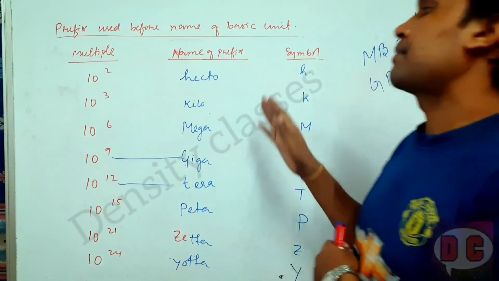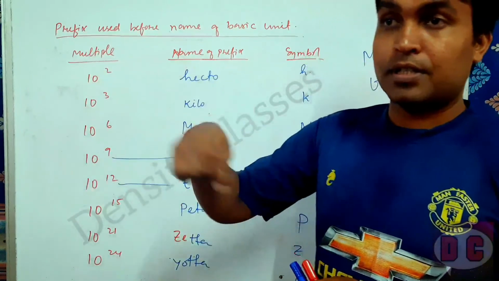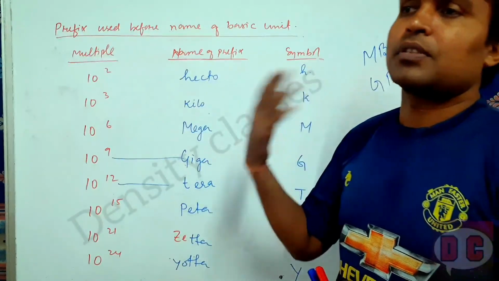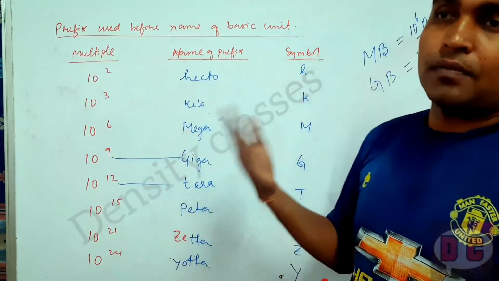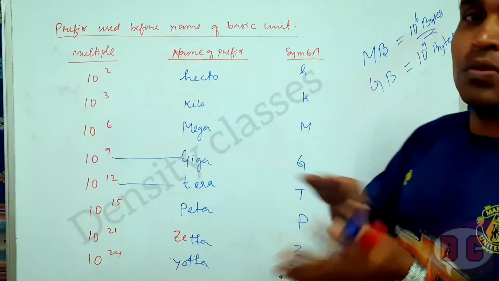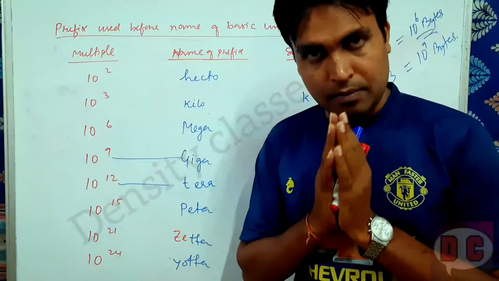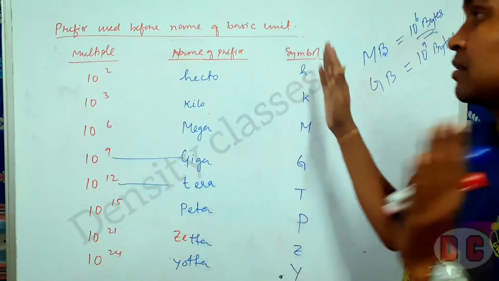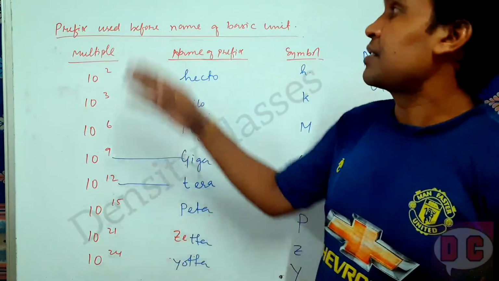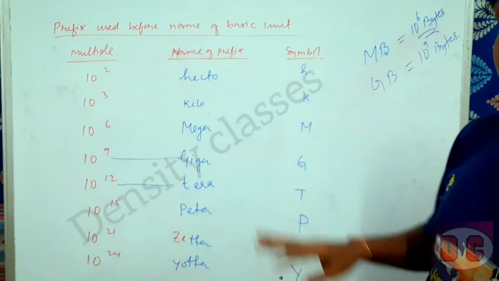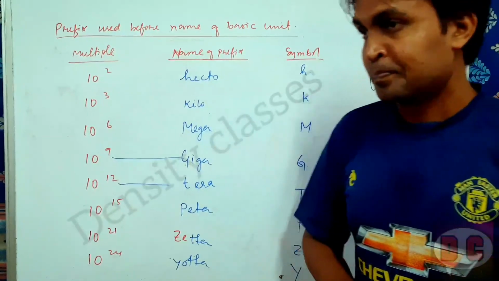For that only I have given these things. And when conversions come in numericals, convert meter into kilometer, kilometer into meter, you get stuck. Those will be solved with this. Since these are basic concepts of chemistry, you should learn them properly.